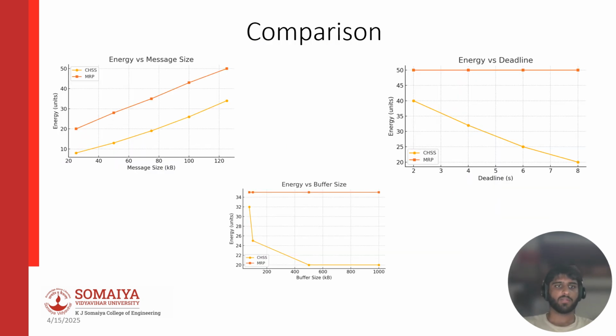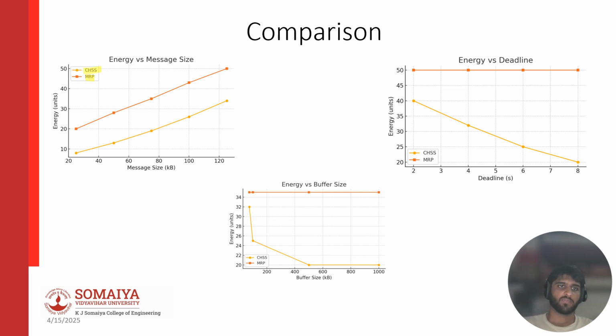If we compare this, we have an MRP that I talked about before. MRP is the max rate procedure. That's very simple. What it does is it just transmits data at maximum speed. So it prioritizes speed over efficiency.